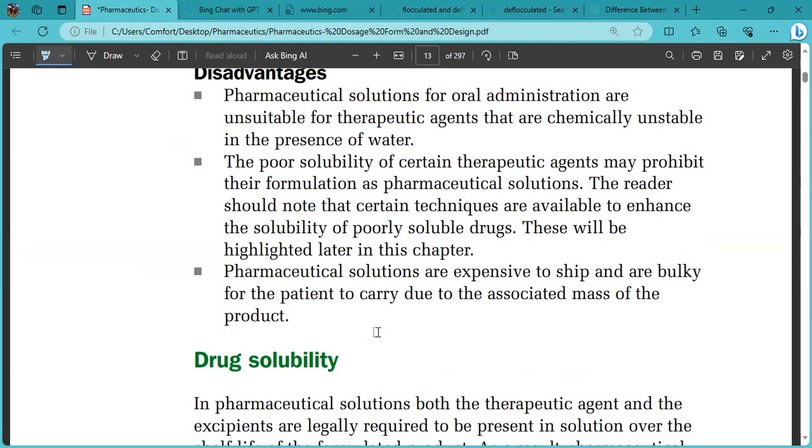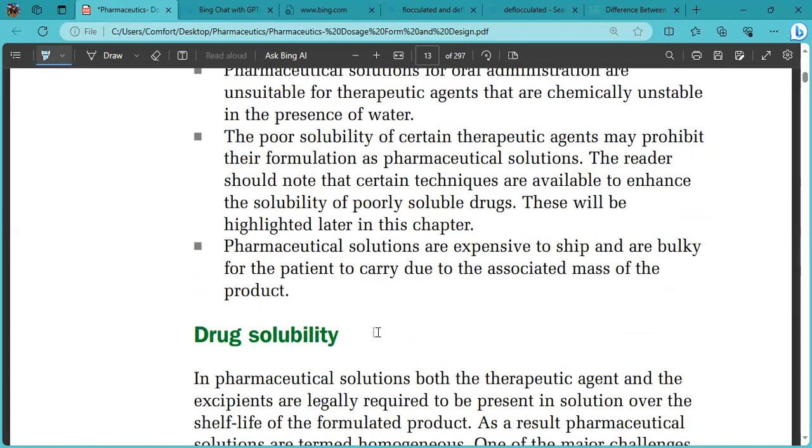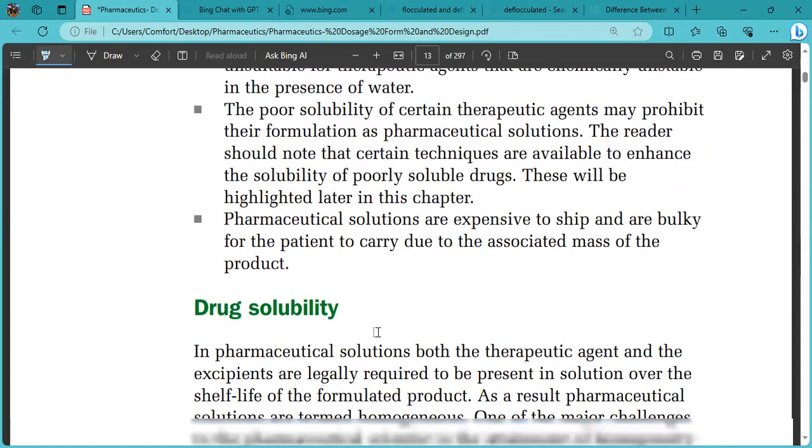And if there is poor solubility of agents in pharmaceutical solution, then unless you find a way of enhancing the solubility by using solubility modifiers or maybe co-solvents or surface active agents, if you're unable to make the drug any more soluble by use of the known methods that I've mentioned before, then you cannot administer it as a liquid dosage form.